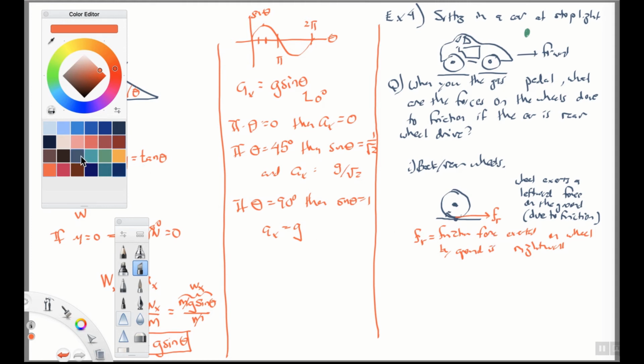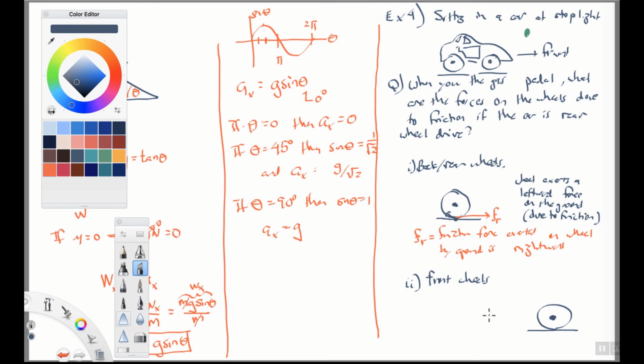Okay? Now, what about the force on the front wheels? What is the force exerted by the ground on the front wheels? So here's the picture of the front wheel. Now I already said that this is a rear wheel drive car. So the rear wheel is trying to spin in this direction, but the front wheel is not trying to spin due to the action of the engine.